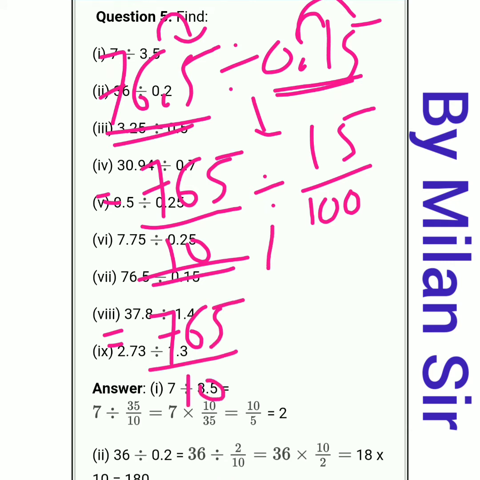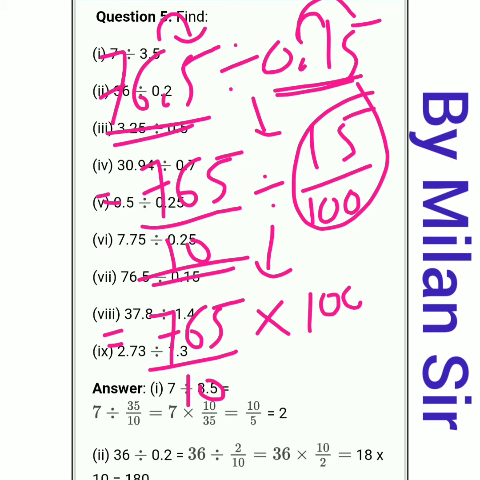We need to take the reciprocal of our second number, so we change the numerator and denominator: 100 goes to the numerator and 15 goes to the denominator. This is the reciprocal.